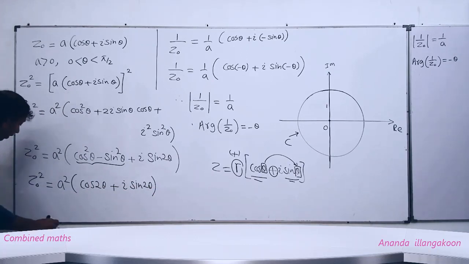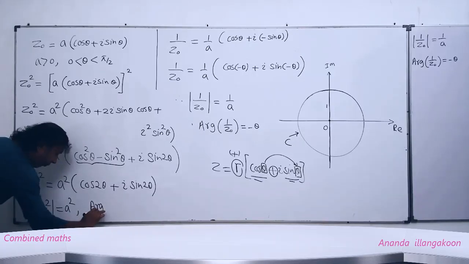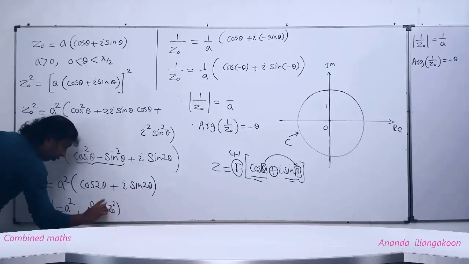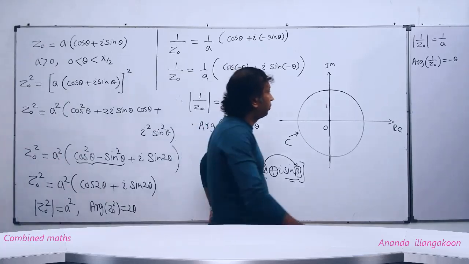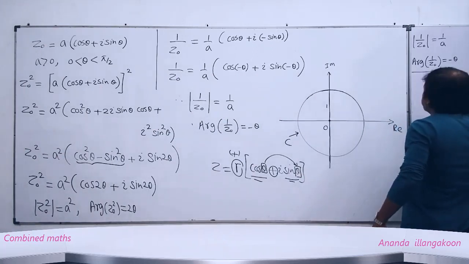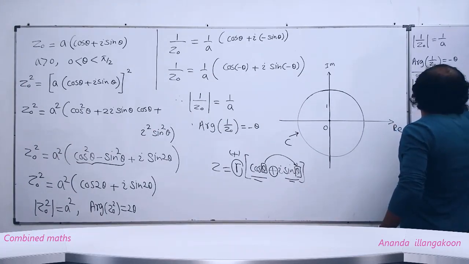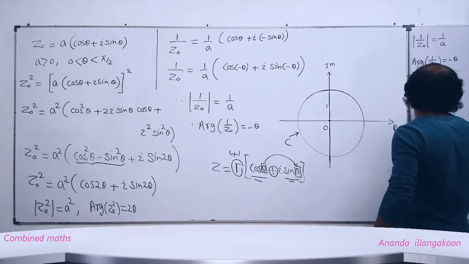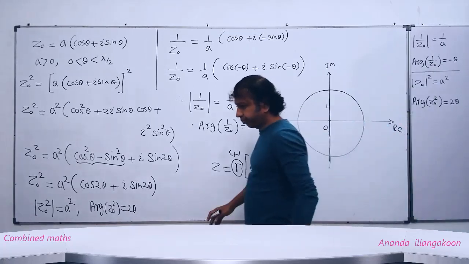So you can write the modulus of Z0 squared is A squared, and the argument of Z0 squared is 2 theta. That we found now.